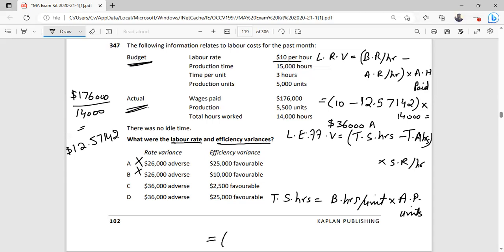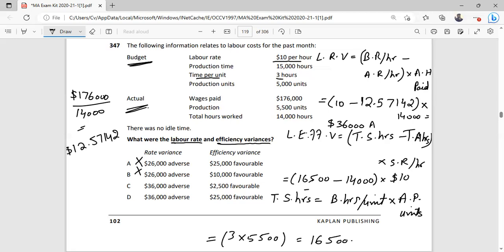Total standard hours: budgeted or standard hours per unit are these 3 hours, into actual production units 5,500. So we have 16,500 as total standard hours, minus what? Minus total actual hours, which are 14,000, into standard rate per hour, which is 10.